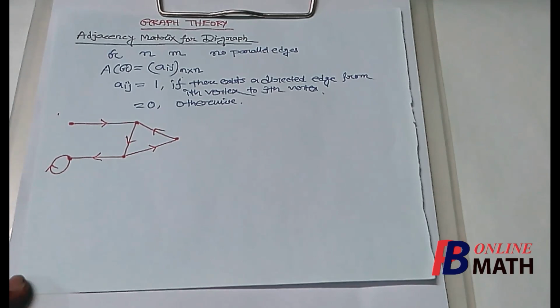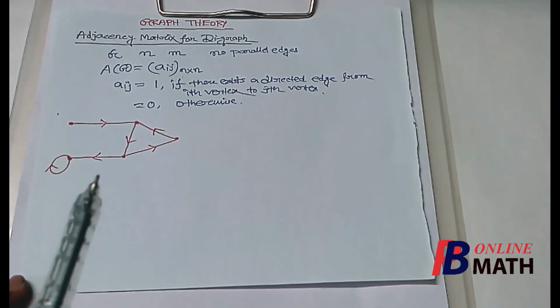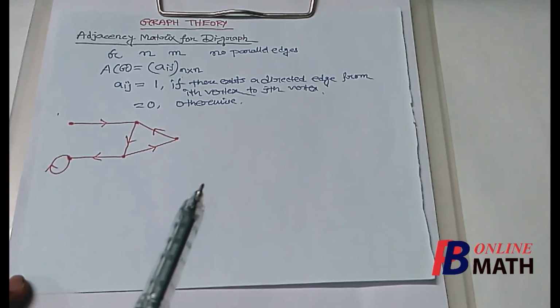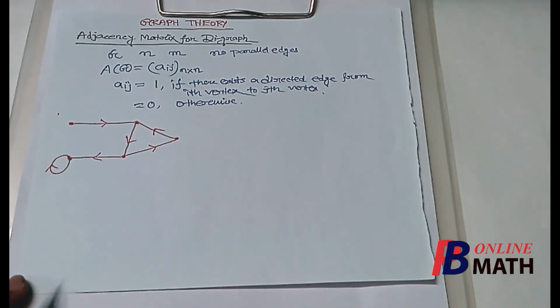We know that the adjacency matrix for any graph is a square matrix, an n cross n matrix where n is the number of vertices. This graph has 5 vertices, so the adjacency matrix will have 5 rows and 5 columns. So it will be a 5 cross 5 matrix.